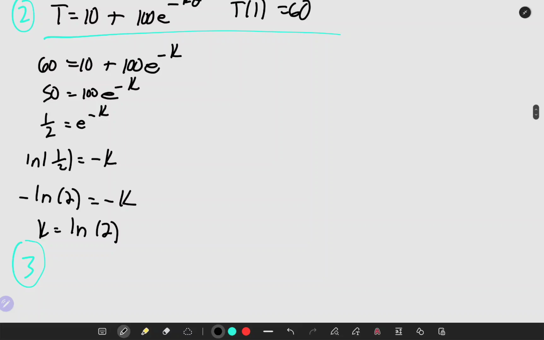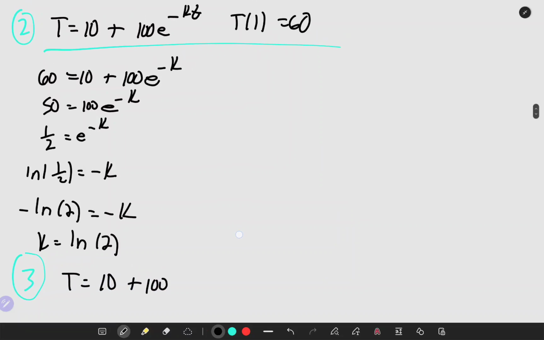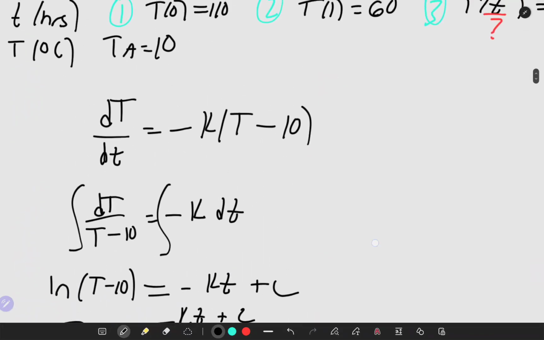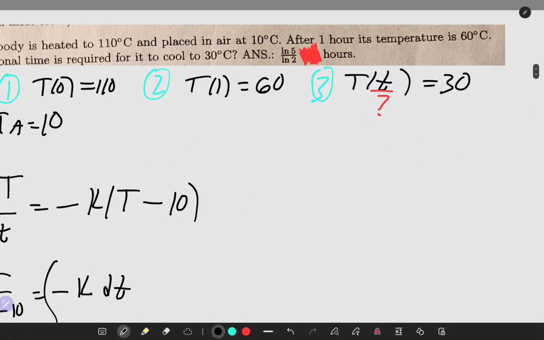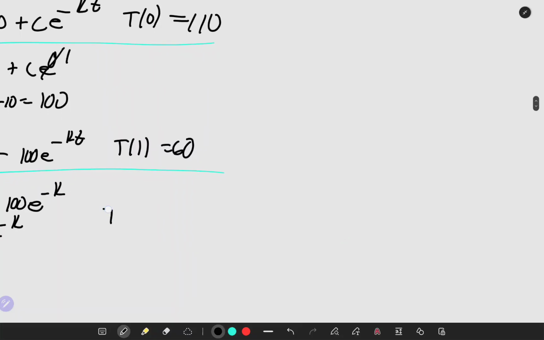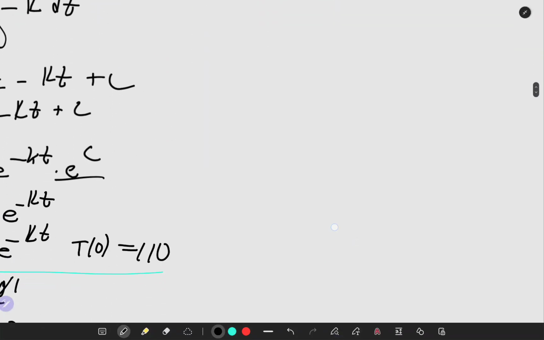So now in equation 3 we have T is equal to 10 plus 100 e to the minus ln of 2 times t, where we have our last condition, T of lowercase t is equal to 10, right? 10? Nope, 30.